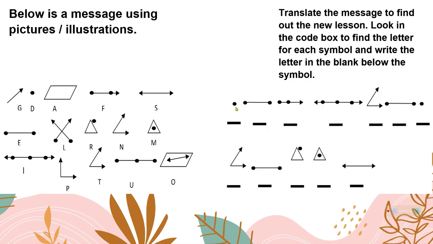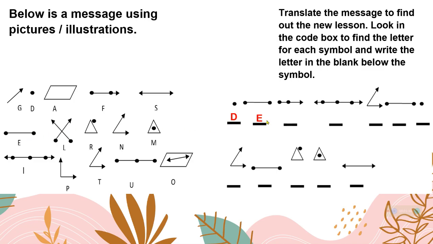For example, we have here a dot or a point. So this is for letter D. Okay, so you are going to continue. Just continue finding its equivalent letter.